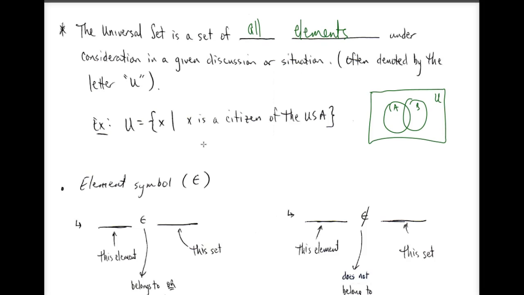So here I just kept it simple and said let U, our universal set, be the set of all X, where X is a citizen of the U.S. So anything that has to do with being a citizen of the U.S., the big universal set is all the people that are citizens.